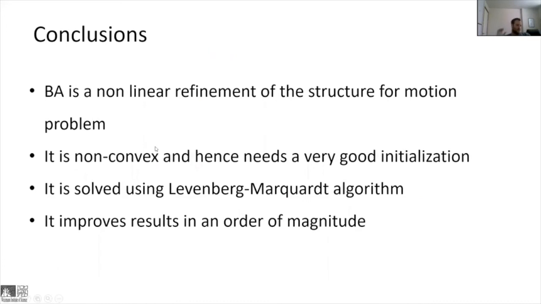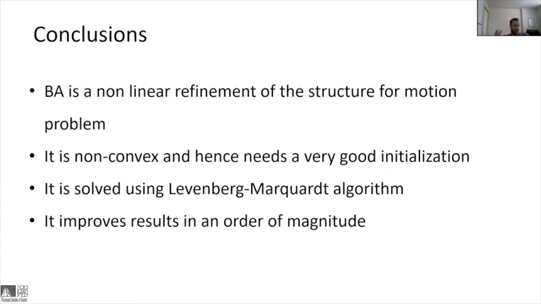So just to sum up, bundle adjustment is a nonlinear refinement for the structure from motion problem. As we mentioned, it's not a direct solver because it's not convex and it needs very good initialization. So usually we solve it using the Levenberg-Marquardt algorithm.